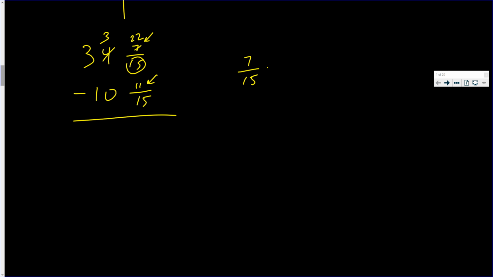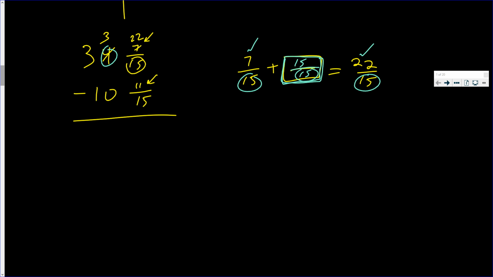If you have 7 over 15, what did you add to get 22 over 15? Well, the answer is going to be over 15. So when I add fractions with the same denominator, I get the same denominator. And it turns out that 7 plus 15 gives me 22. And then I smile because I realize, oh, I added 1.